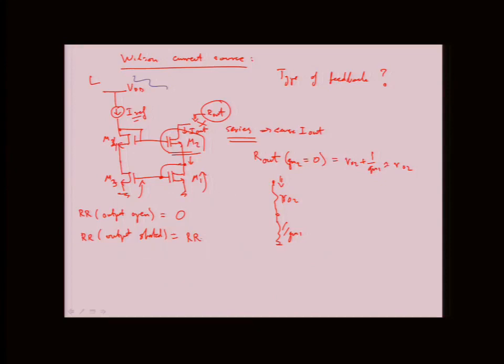In this case, we can open here, although in the book, in other places, everyone has their own favorite way of doing it. So if we open here, we essentially can add vtest. And then I'll just write this as 1 over GM1.